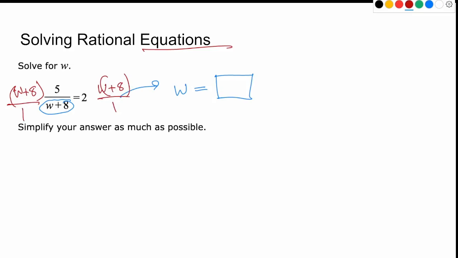And so when we multiply two fractions, numerators times numerators, denominator times denominator, the denominator now and the numerator factor, those two factors are the same, so that's a factor of 1. They cancel out. And so that really simplifies our left-hand side. We're left with just 5 over 1, or just 5.